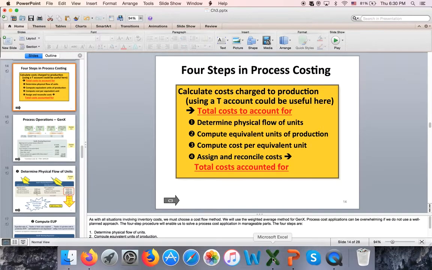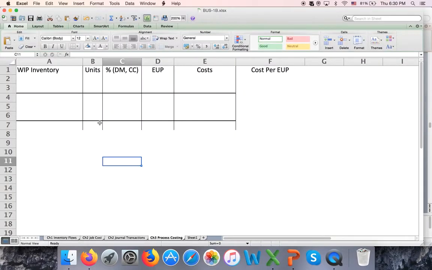So let's say we're baking cookies. If you think about your WIP inventory, I want to think about the beginning balance, and I'm just making up the numbers. So let's say that I have 30 unfinished cookies, could be 30,000, doesn't matter, but I'll say 30. 30 unfinished cookies from the previous period. That's my beginning balance.